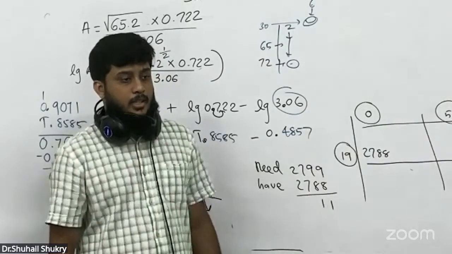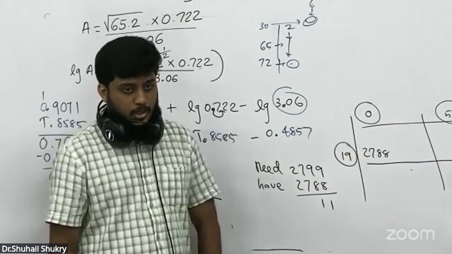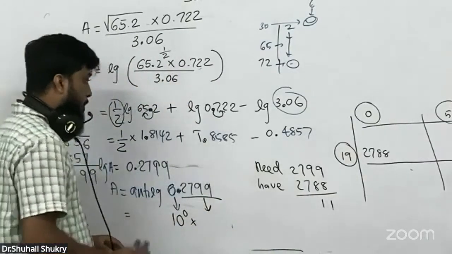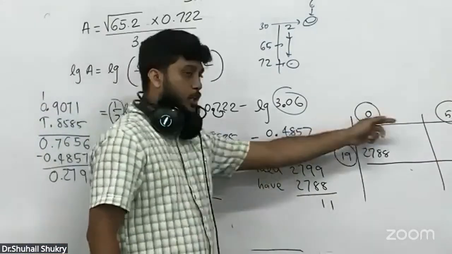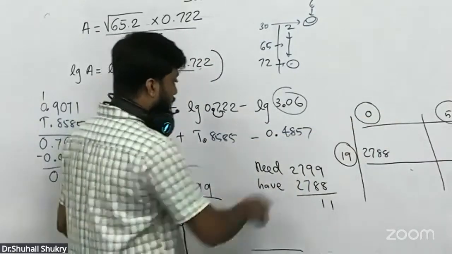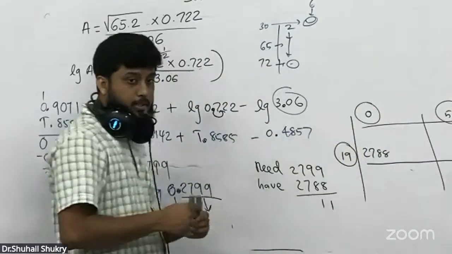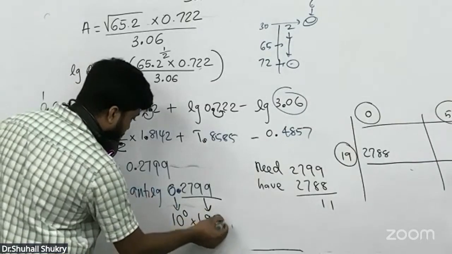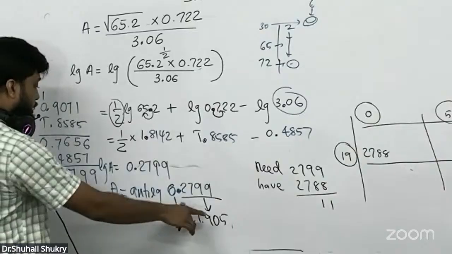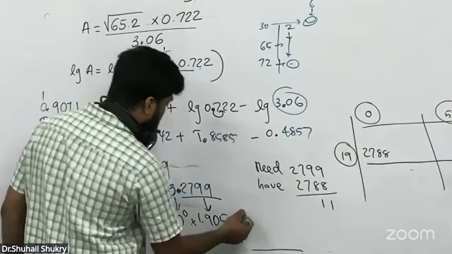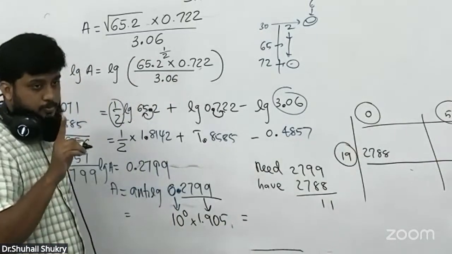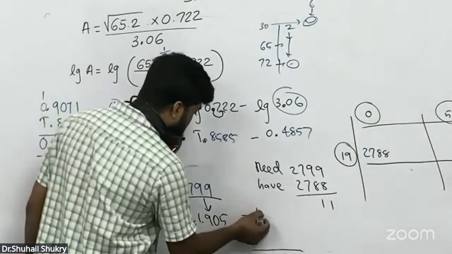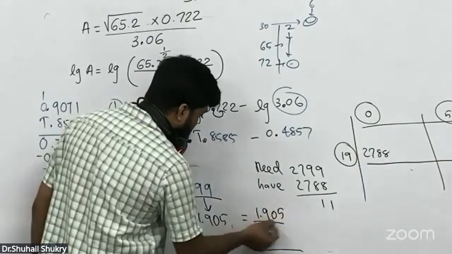Likewise here, you have to tell the number with the first decimal point. 1905 you have to tell as 1.905. Here 10 to the power 0 into 1.905. 10 to the power 0 is 1, so it is 1.905. You have to write 1.905.